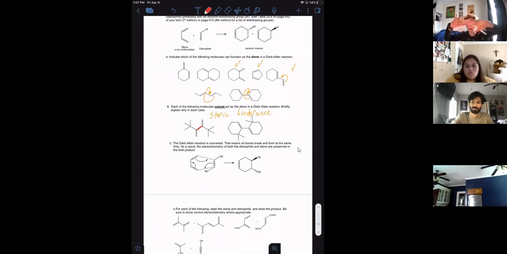Originally, my thumbs are the two trans groups, and we're just twisting it up. But if something is right here blocking it, I can't twist. So if something prevents me from twisting, then I'm locked in this position, and as long as the molecule is in this position, it's not going to be in an orientation where it will be able to react. Does that make sense?